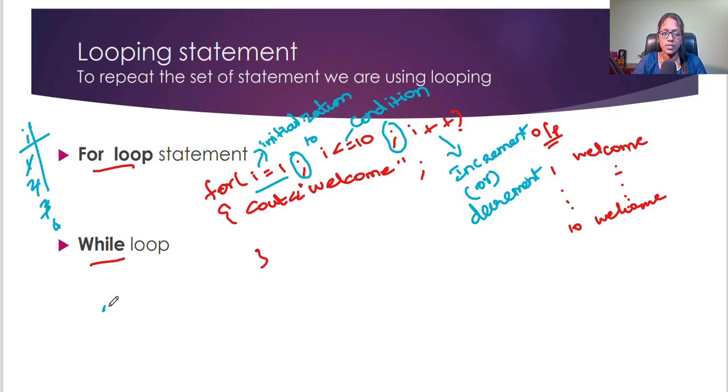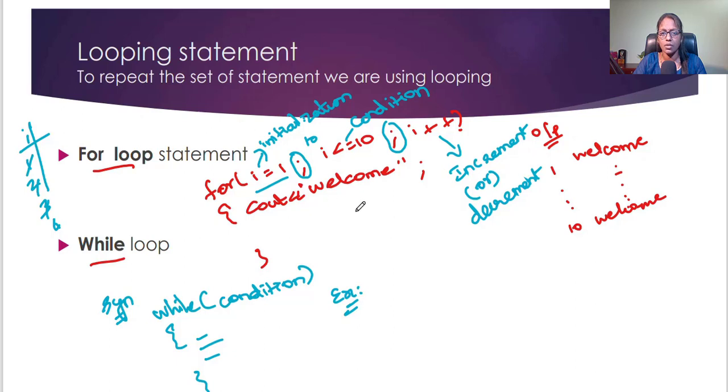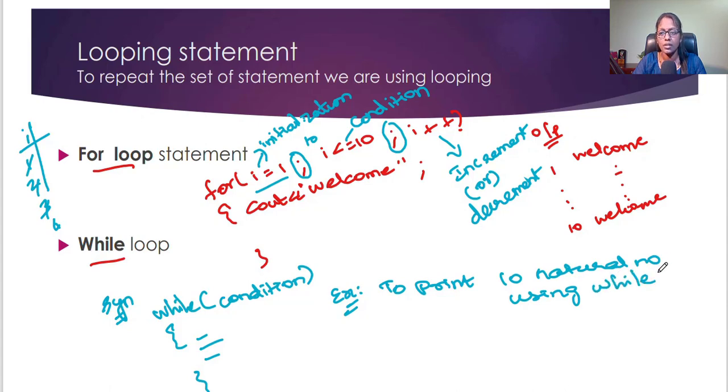And the while loop, the syntax is while condition, then a set of statements. For example, the same thing: to print welcome 10 times, or to print the first 10 natural numbers using a while loop. Then you can give while i is less than or equal to 10.